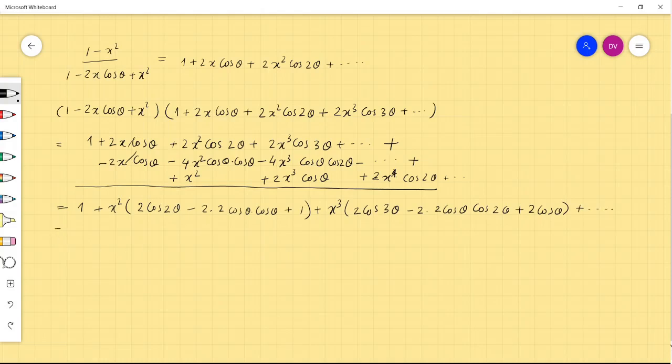Now this is equal to 1 plus, when you simplify this bracket, what is 2 cos θ cos θ? This is 2 cos((a+b)/2) cos((a−b)/2).